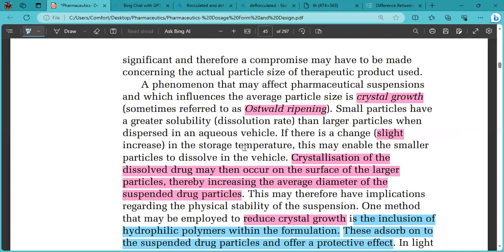We include hydrophilic polymers. Sorry, I think I broke off again.